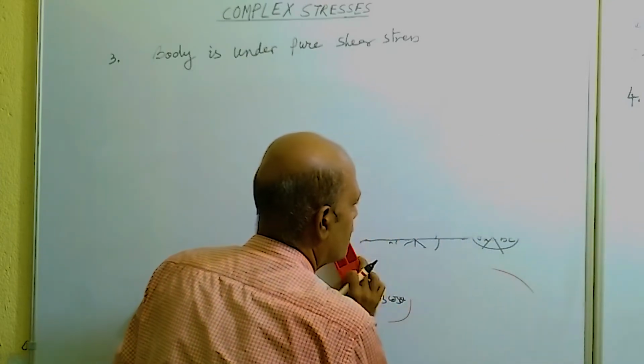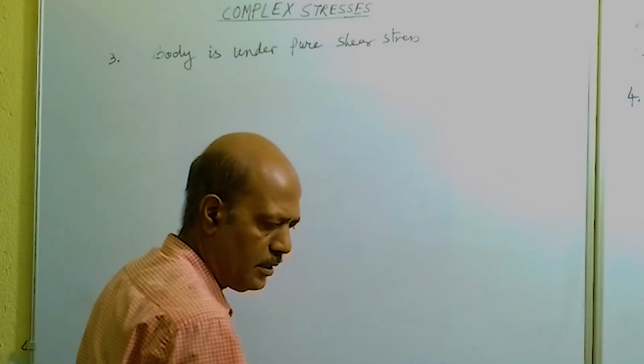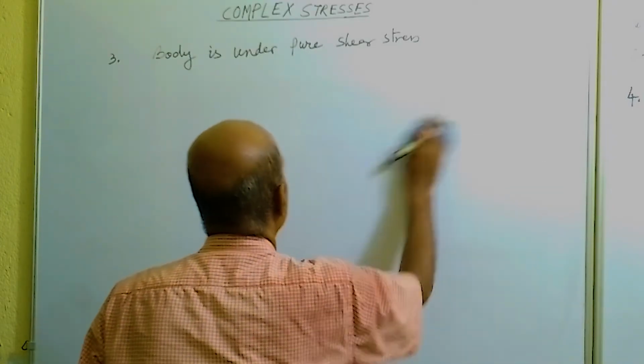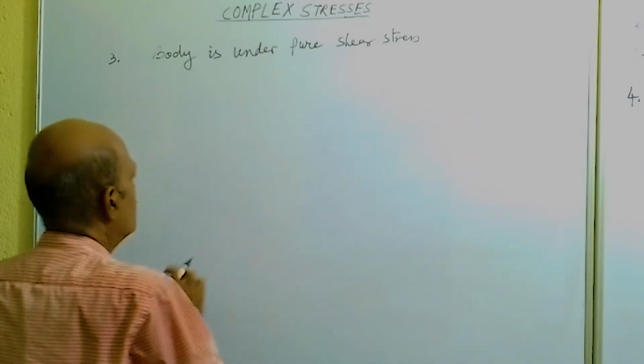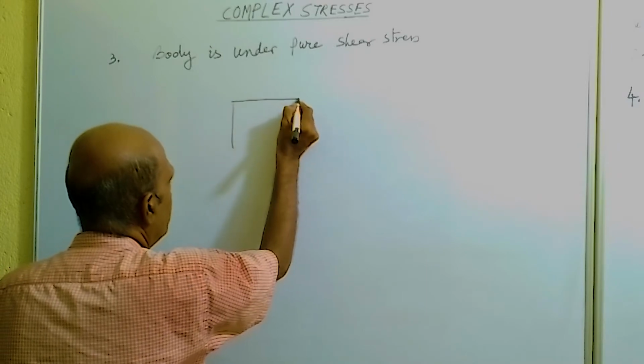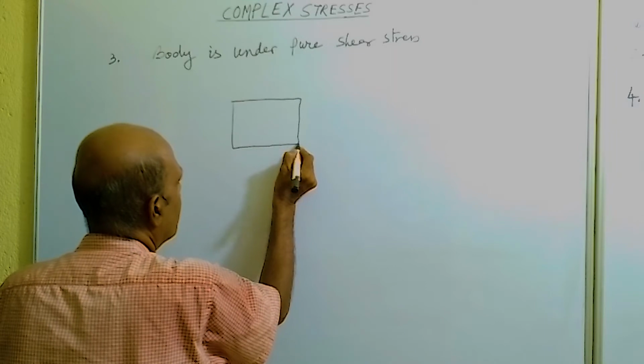So in that case we are going to find the stresses on an inclined plane. So this is the body, stressed body, and only shear stress is acting over the body.